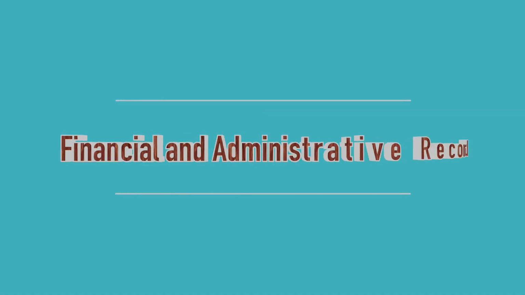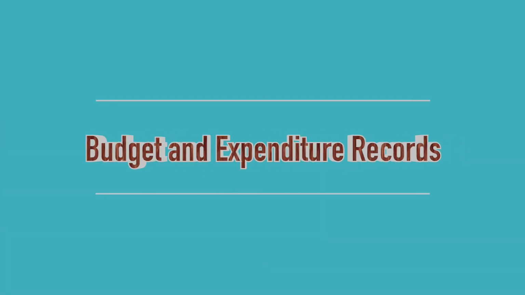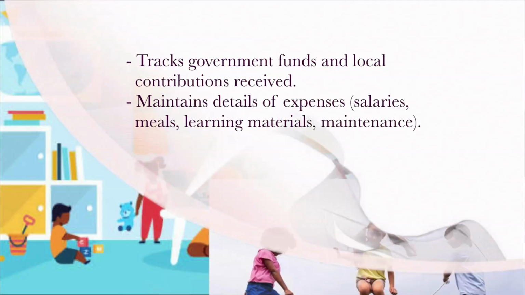Then another kind of record is the financial and administrative record that includes the budget and expenditure record that tracks government funds and local contributions received for the preschool or Anganwadi. It also maintains details of expenses like salaries, meals, learning material, toys and maintenance cost.